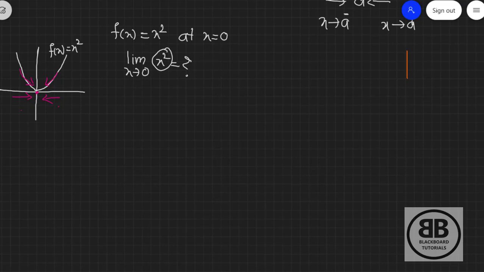So this limit can be written as limit x tends to 0 f of x is equal to limit x tends to 0 of x square, and when we are approaching 0, the value of the function f of x is equal to x square is approaching which value?